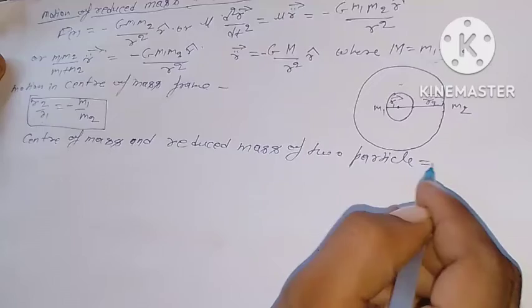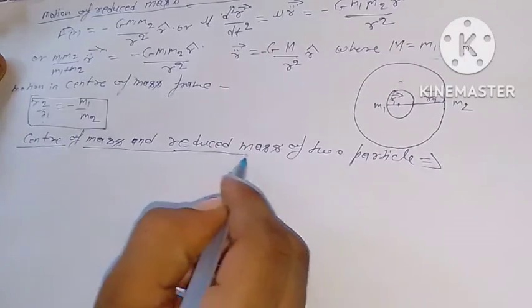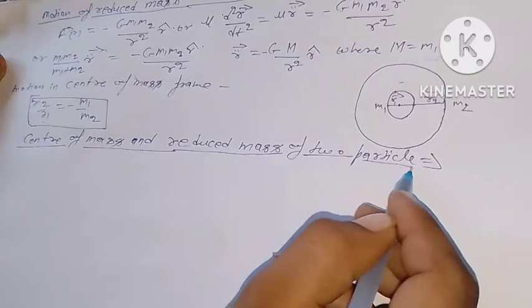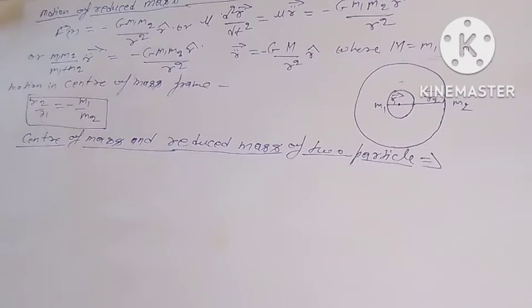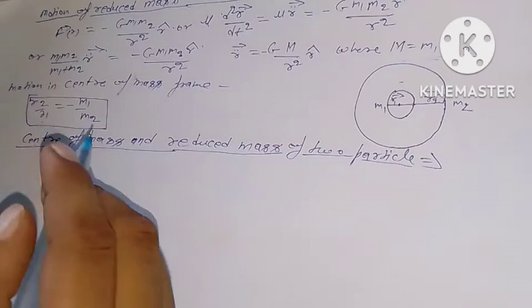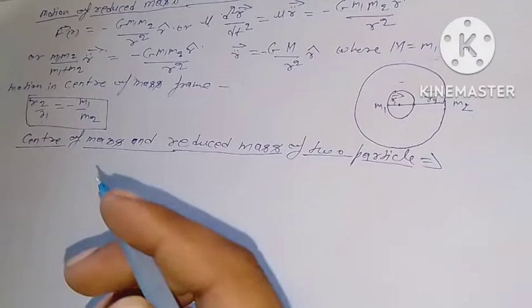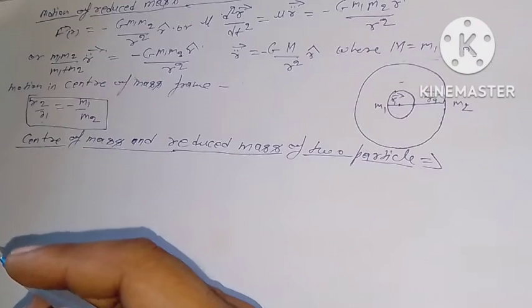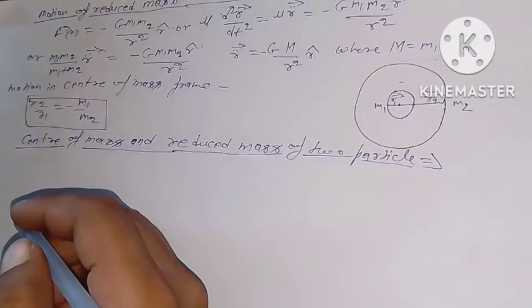Okay? For two particles of mass points M1 and M2 lying at vector distances R1 and R2 from the origin, the position vector of center of mass is given by.